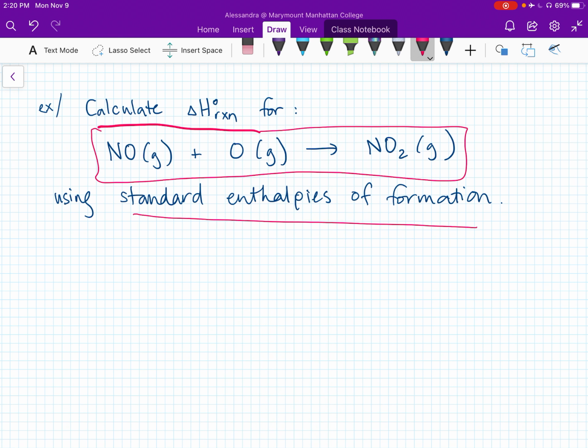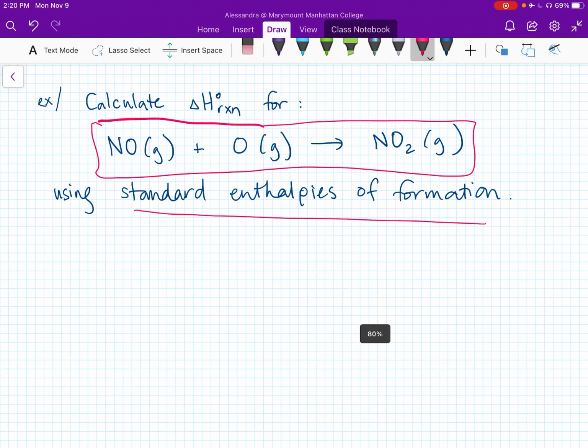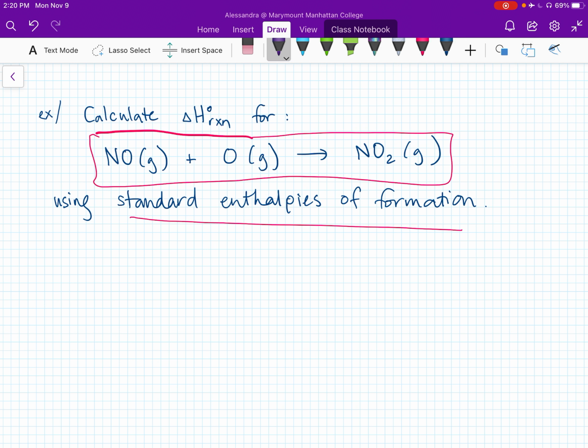So when I do that, let's do the products first. I'm going to just write down the values that I looked up in the tables. The delta H naught of formation of nitrogen dioxide gas, the product of this reaction, is 33 kilojoules per mole. I'm just rounding to whole numbers for simplicity and speed here.